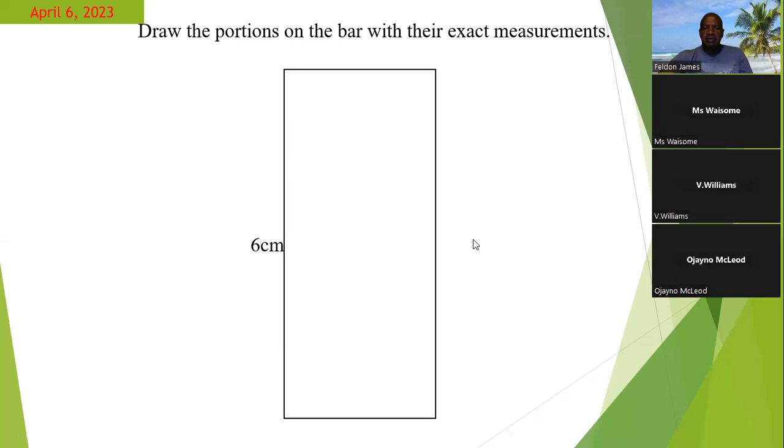So if you start off with the height of the bar being 6 centimeters, and let's say that was the first portion, when you measure the height of that, I think it was what, 3.44, correct me if I'm wrong, centimeters. So you measure that height and you put in the 3.44 for that mode of transportation.